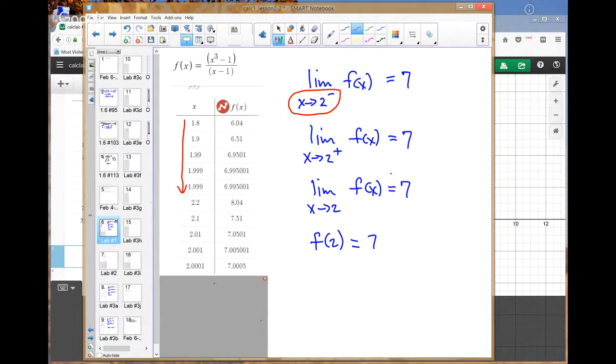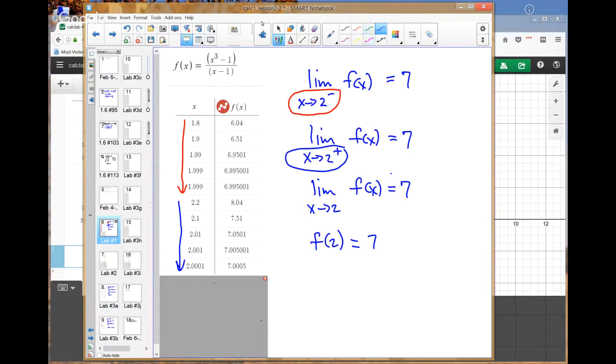Limit as x approaches 2. As we were approaching 2 from the left, the function looks like it was approaching 7. And then we noticed that as we approached 2 from the right, again, the function seemed to be approaching 7.